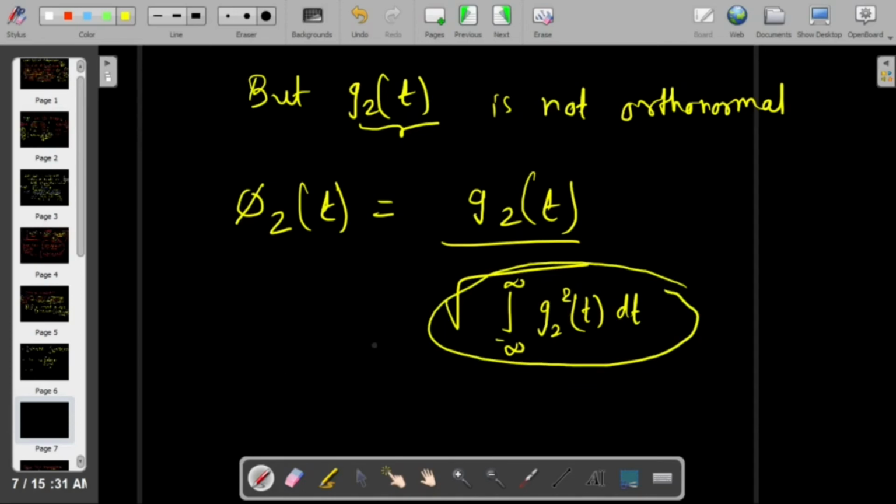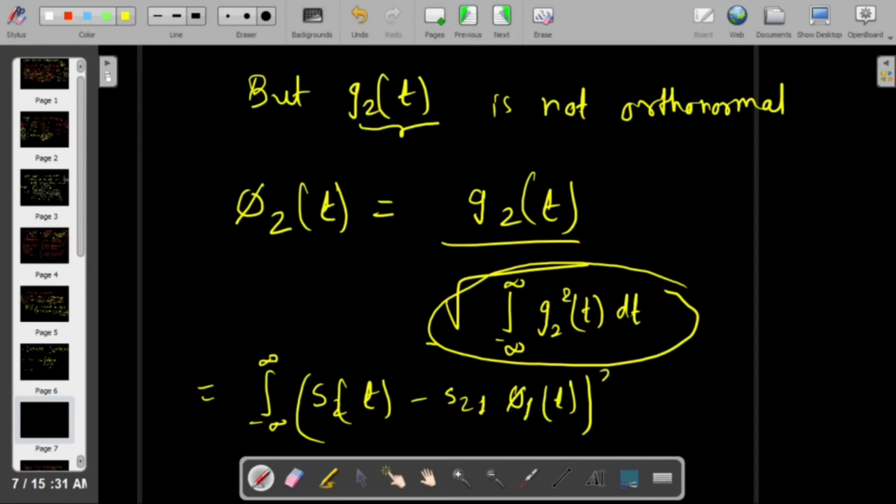So if we calculate this, I am continuing this step, the integration, I am just not writing the root. G2(t), as we know, is S2(t) minus S21 phi 1(t), its whole square, and dt, right? I am opening the brackets.